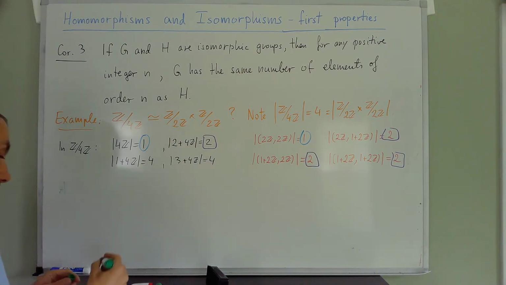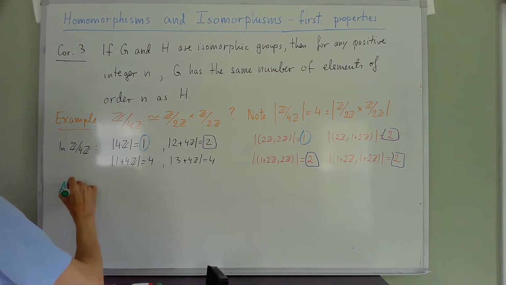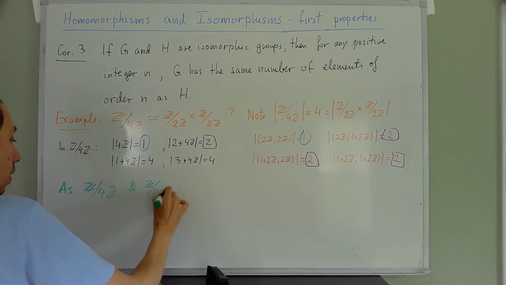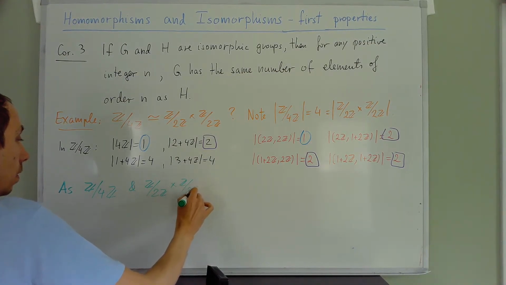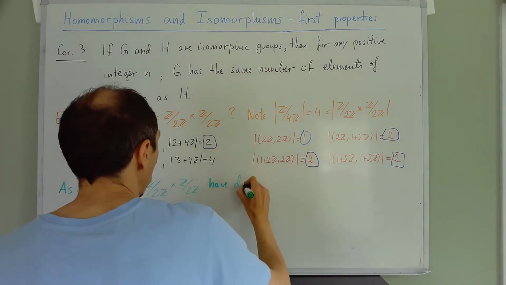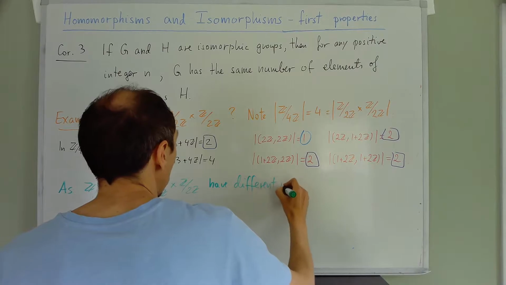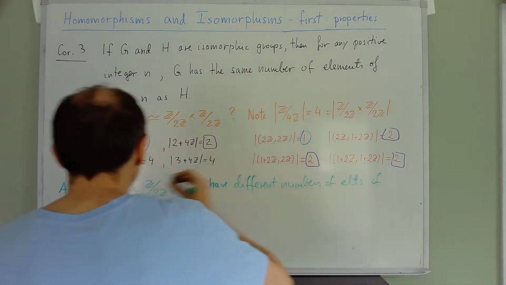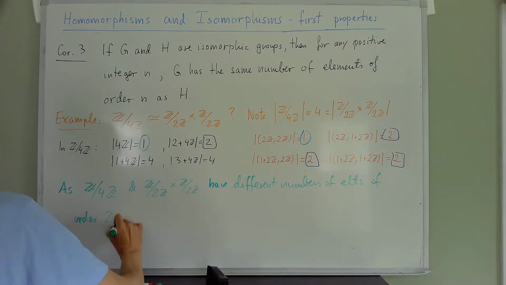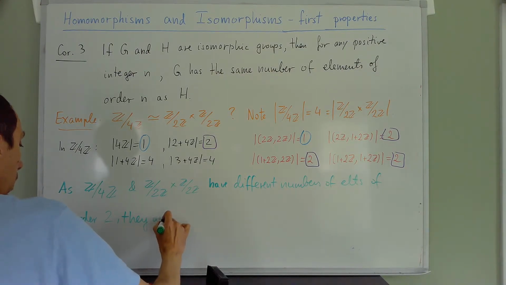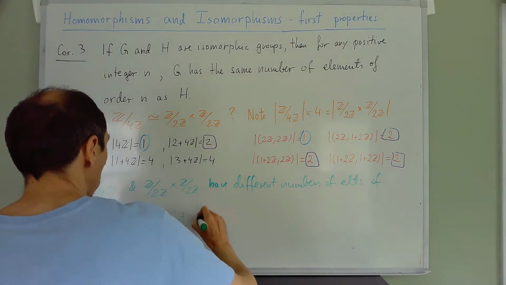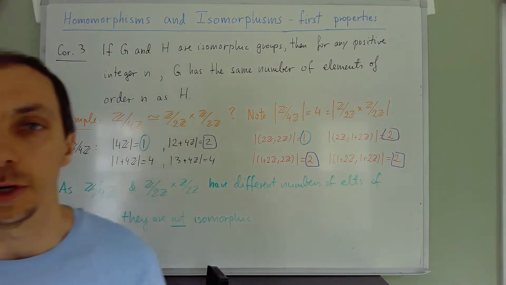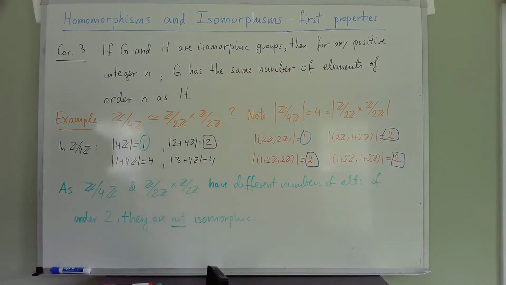As they have different numbers of elements of order 2, they are not isomorphic. Okay, two groups of order 4, but they're not isomorphic.